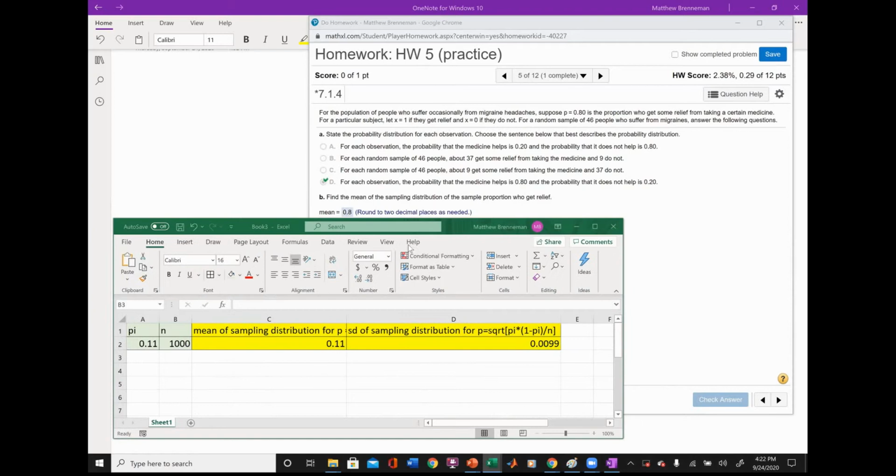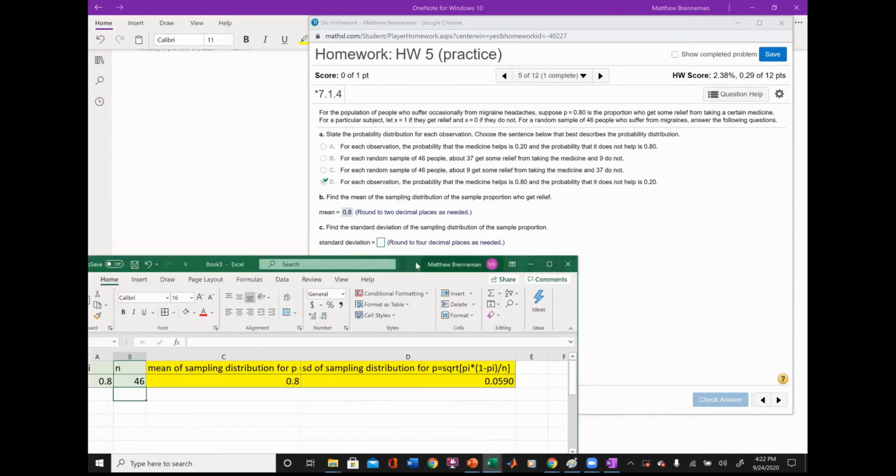And notice the cool thing is all I have to do is change the sample size and the population percentage, right? So for my case, it's 0.8. And my sample size is 46 in my problem. And of course, we answered B already, and this is my standard deviation. And I conveniently already rounded that off to 4 decimal places, so I just type it in.